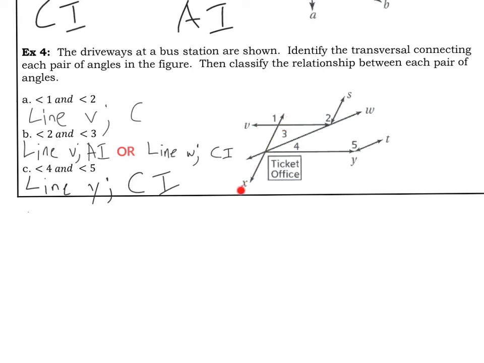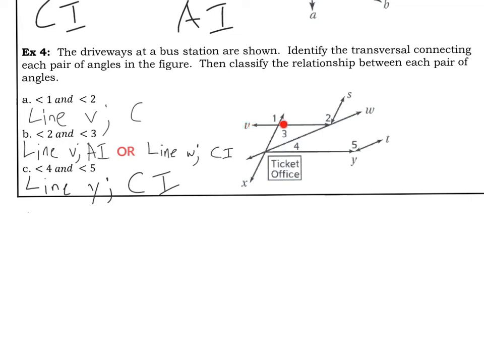Because line X and line S would still be the walls of my angles, and then line V would still be the transversal. That makes these alternate interior angles. They both would be on the inside because they're both in between X and S, but they're skipping over the transversal line V.